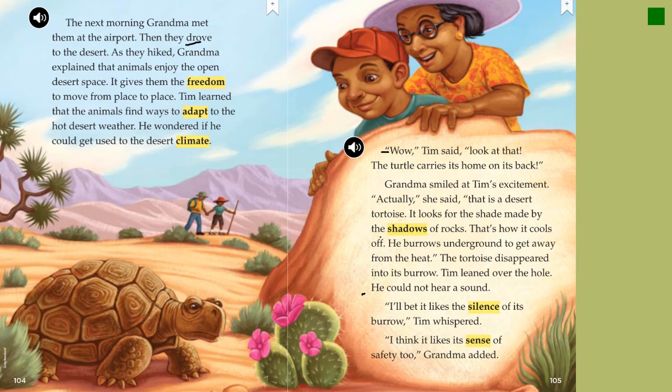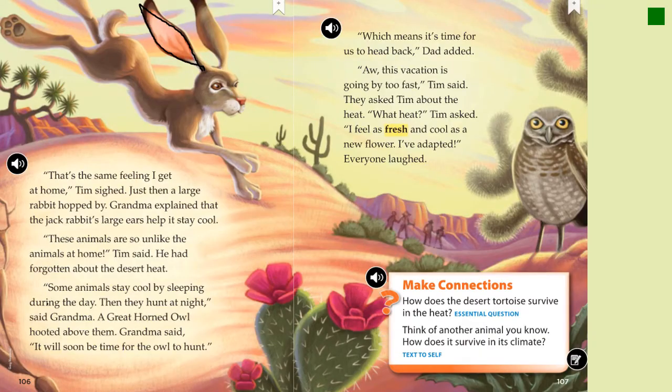I think it likes its sense of safety too, Grandma added. That's the same feeling I get at home, Tim sighed. Sighed means he said it slowly. For example, that's the same feeling I get at home.